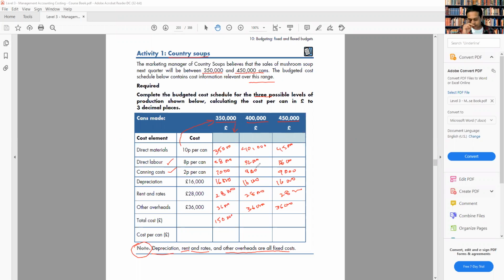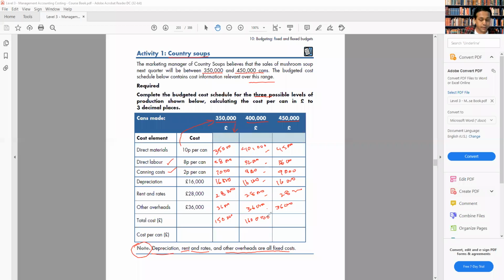Then we have the next one. The next one we have 40,000 plus 32,000 plus 8,000 plus 16,000 plus 28,000 plus 36,000. And that gives me 160,000. Very well done.